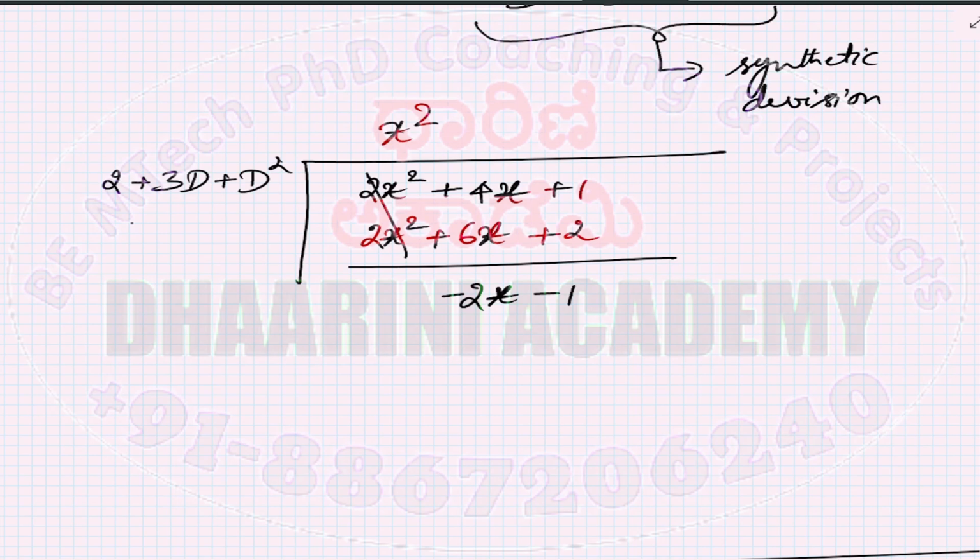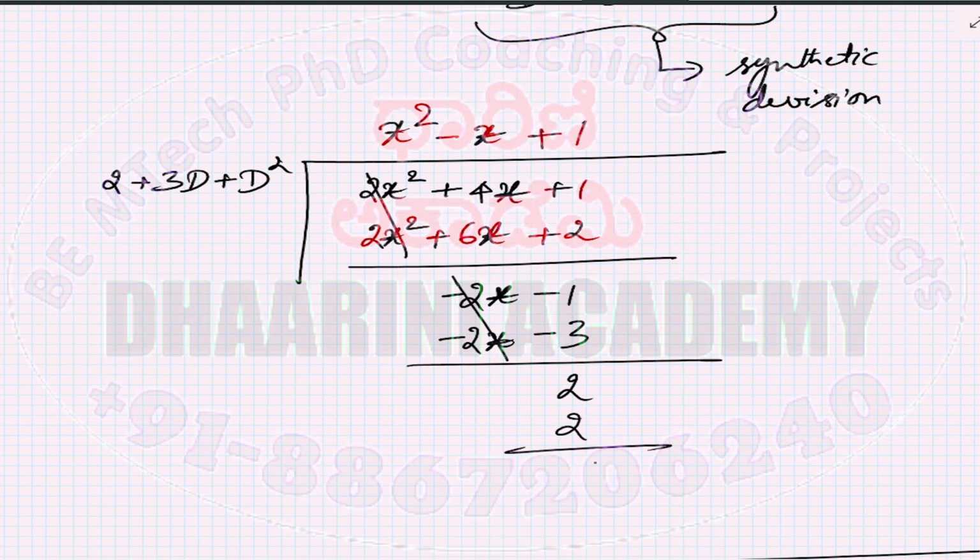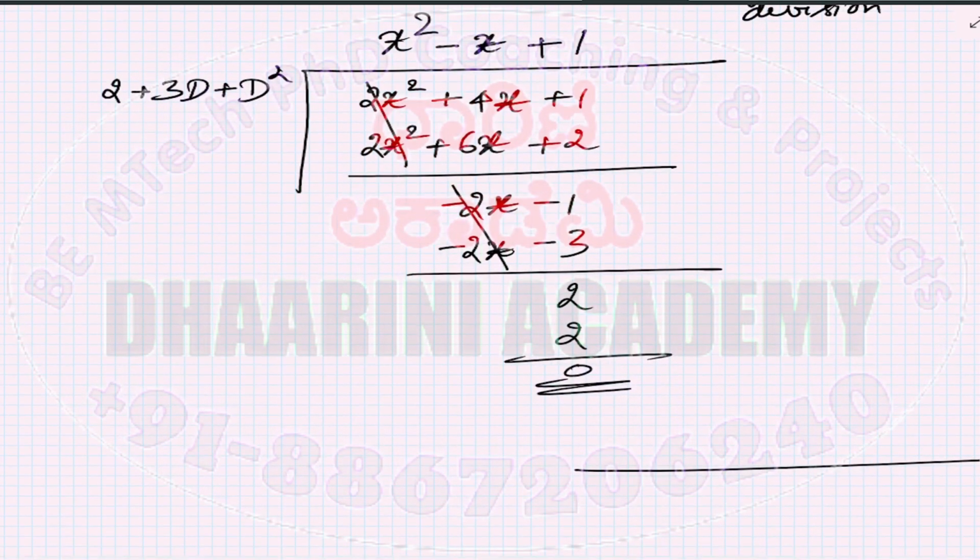Okay, now I have 2 here. I need minus 2x. That's why I'm going to multiply by minus x to get a minus 2x. So 3 times differentiation of minus x will be minus 3. So this will cancel. I have plus 2 coming up. So 2 I already have. So I need to multiply by plus 1 to get a 2, which is equal to 0. So in 1 I'm going to write the answer as follows.